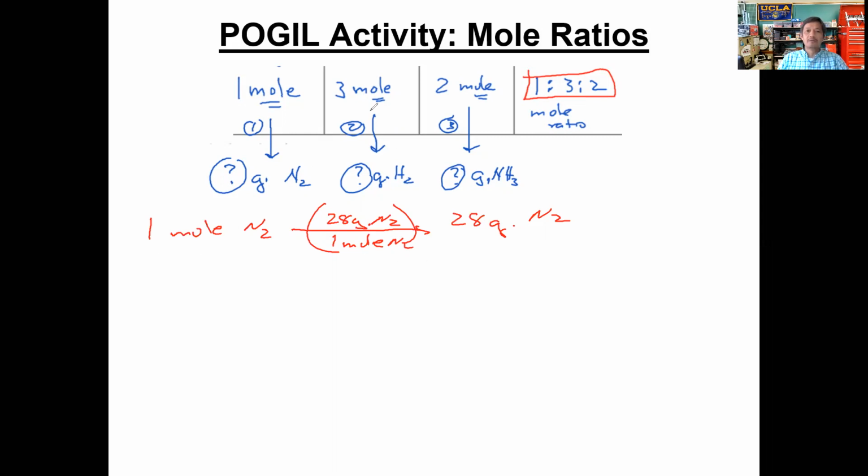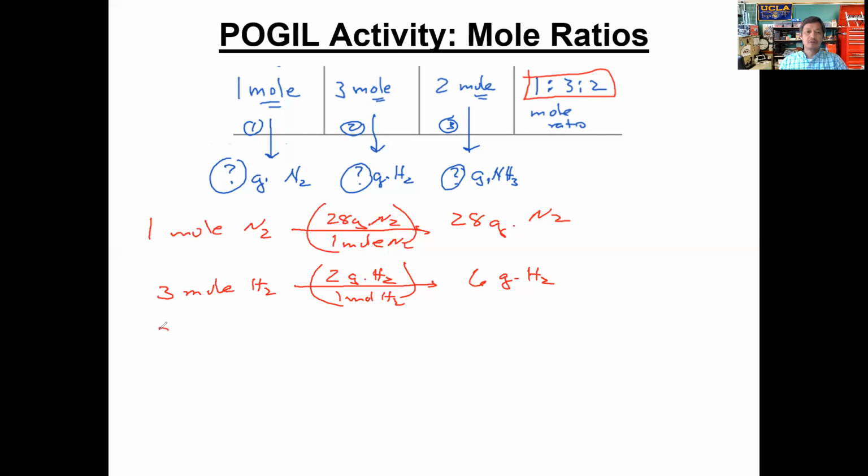Okay, let's do the same thing for hydrogen here. So we have 3 moles of hydrogen. We want to find then the mass of hydrogen equivalent to that. Okay, and so use again molar mass here. It's going to be 2 grams of hydrogen for every 1 mole hydrogen. So therefore we have then 6 grams of hydrogen. Let's do the last one, ammonia.